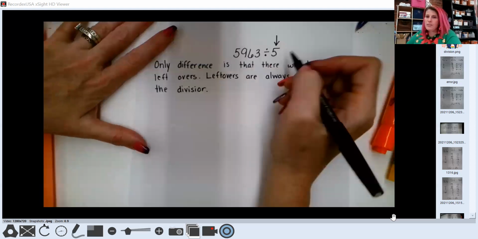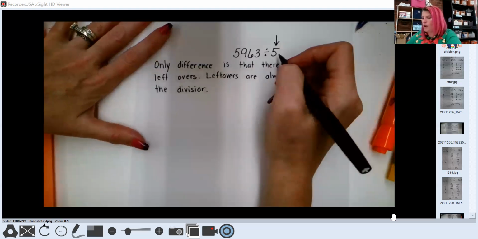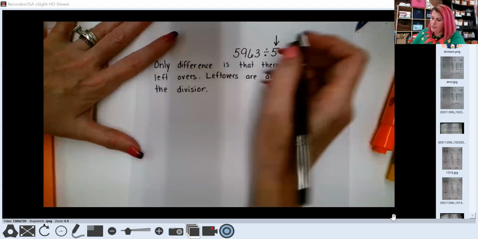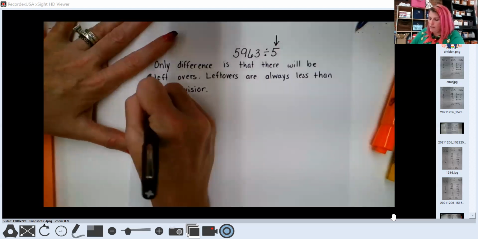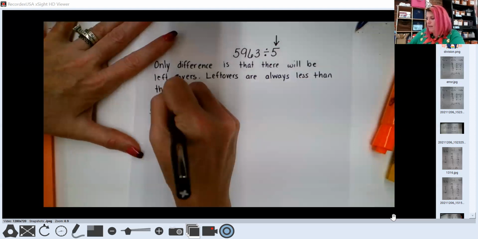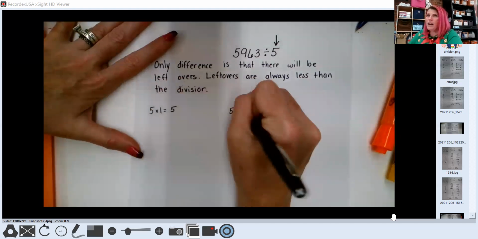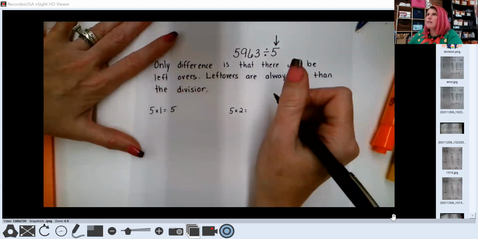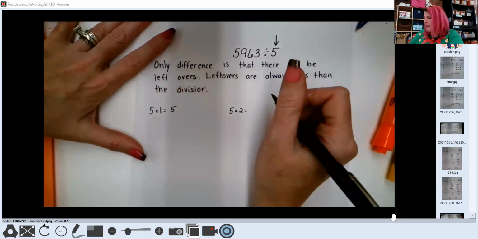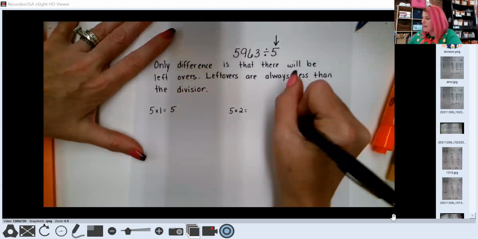The first thing I have to do is my friendly numbers for my divisor. I'm going to use 5 times 1, I know that one, super simple. 5 times 2, I also know that one. And I might want to use 5 times 10, and then 5 times 9, because I know that one too.